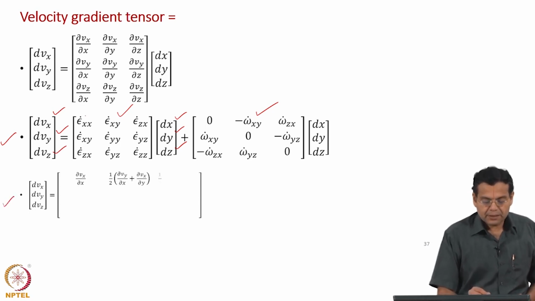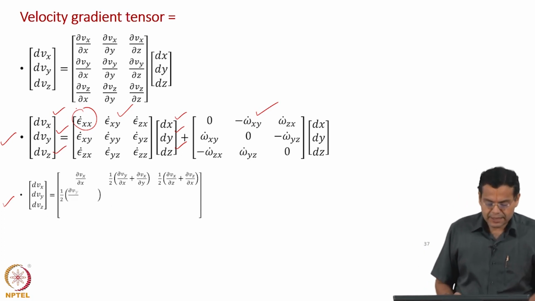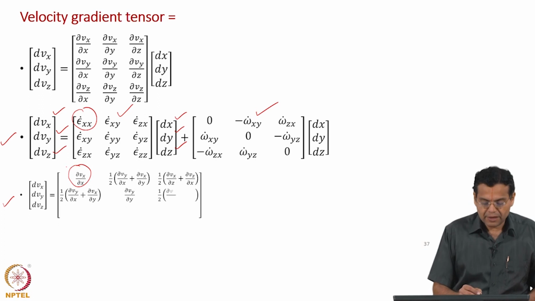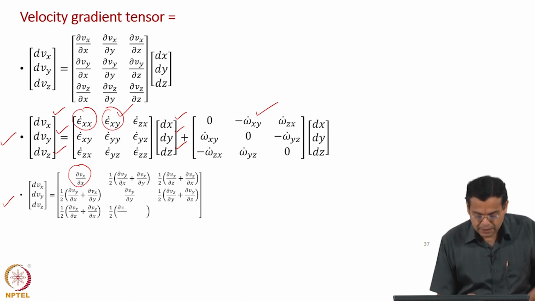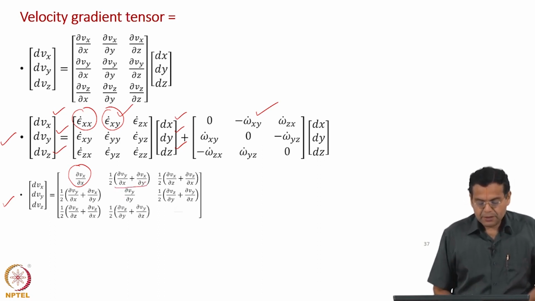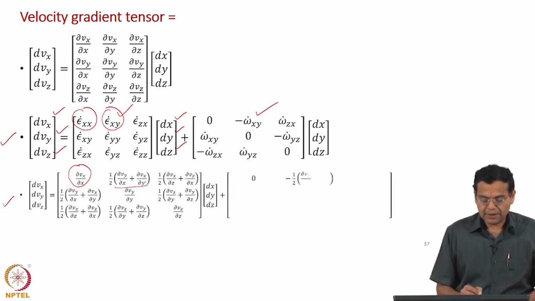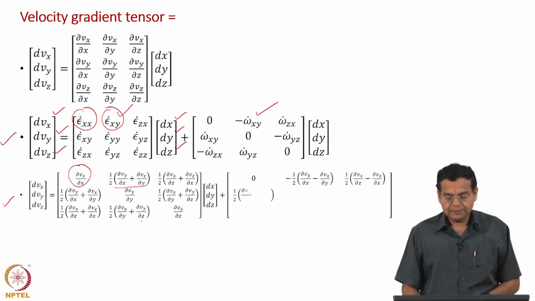For example, we have seen normal strain rate as dou Vx by dou x, and then we have seen the epsilon dot xy, remember, is half of gamma dot xy, and gamma dot xy is dou Vy by dou x plus dou Vx by dou y, and then we have a half there. Similarly, all other components are written in terms of the velocity gradients.